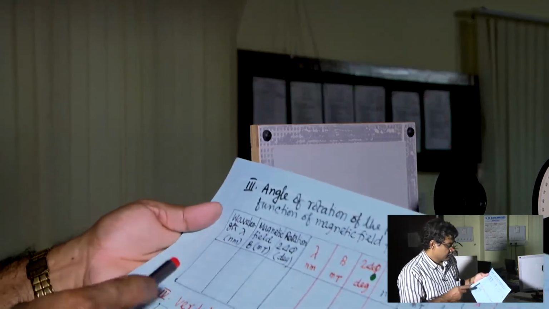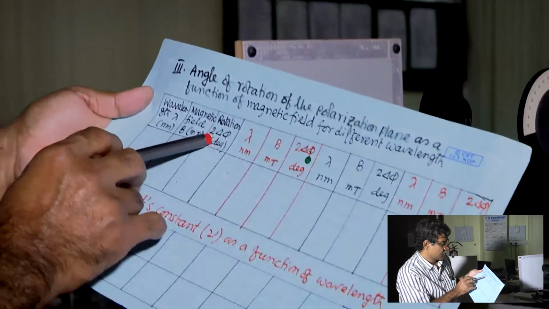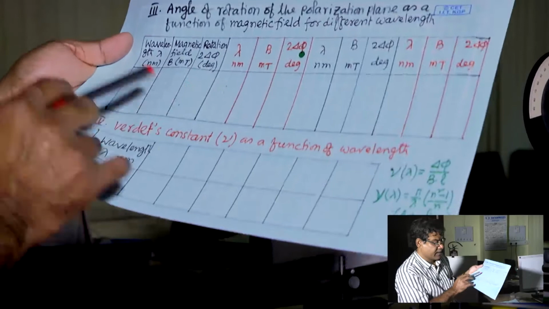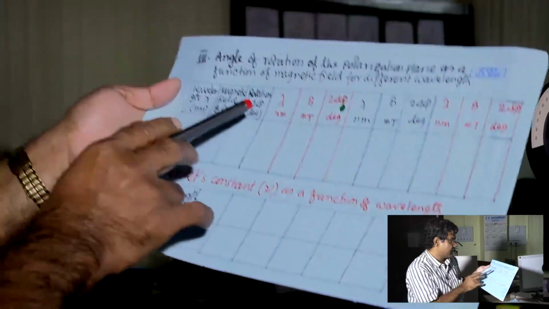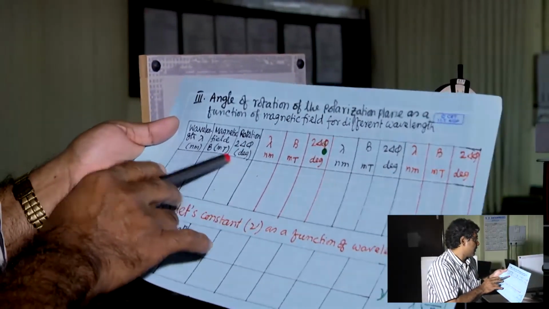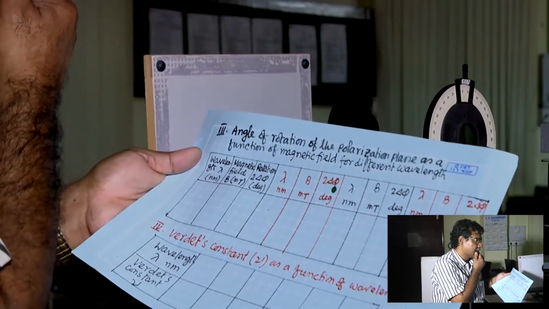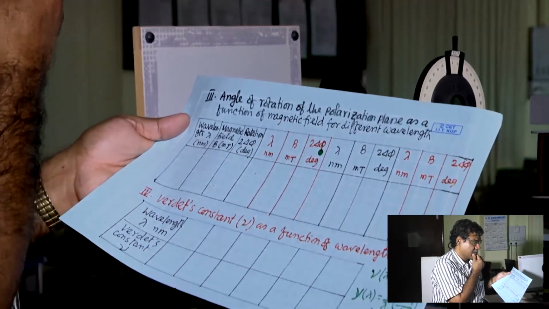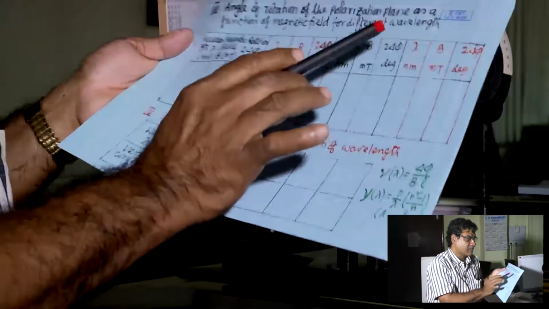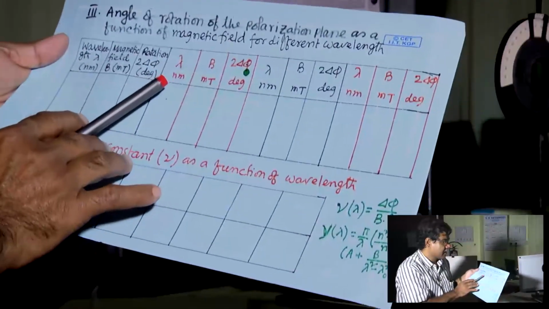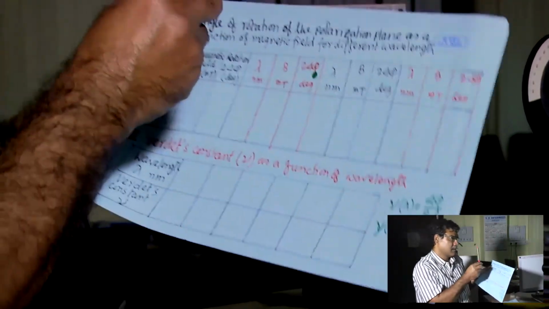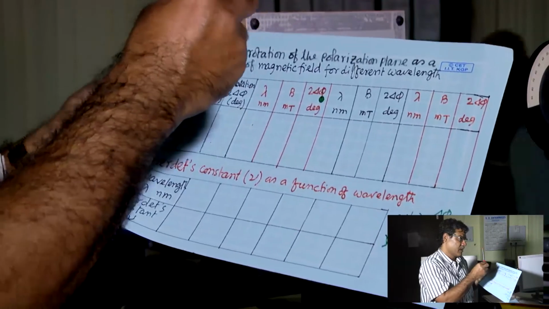In my opinion, it should be del phi. Why I have written 2 del phi, I cannot tell you right now.